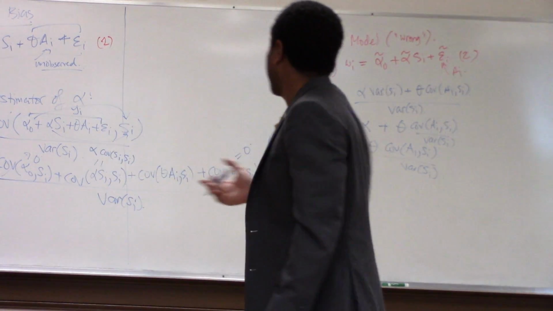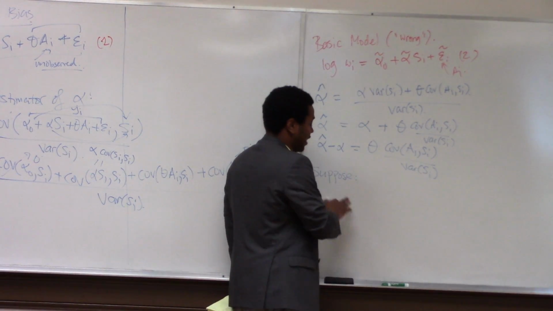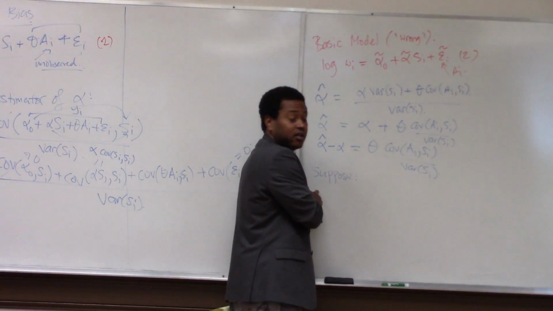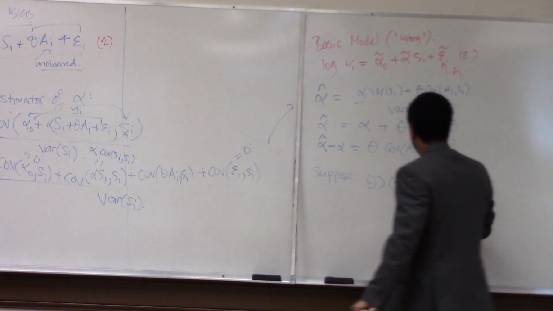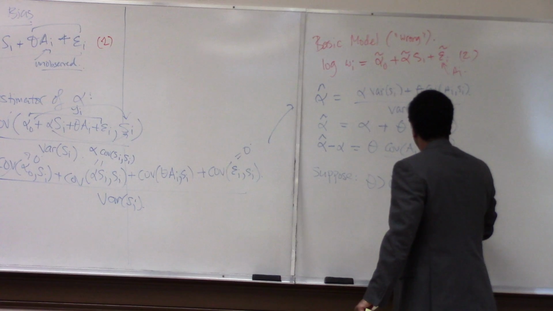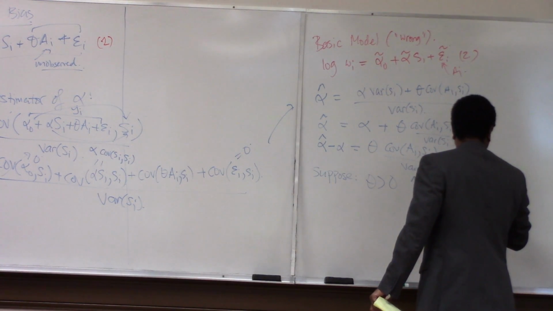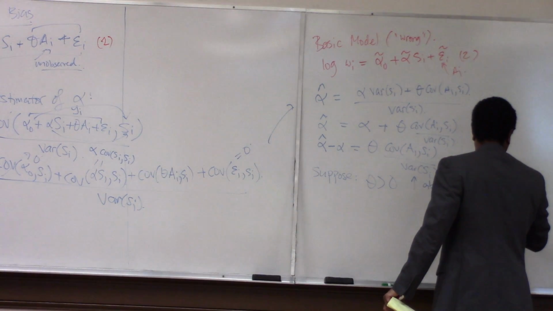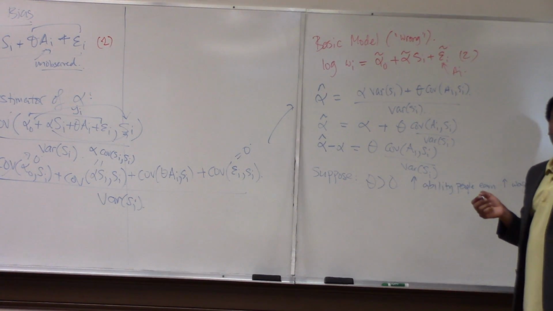And for you guys in the back, can you see down to here? If we suppose that theta is greater than 0, the interpretation is that higher ability people earn higher wages, right?